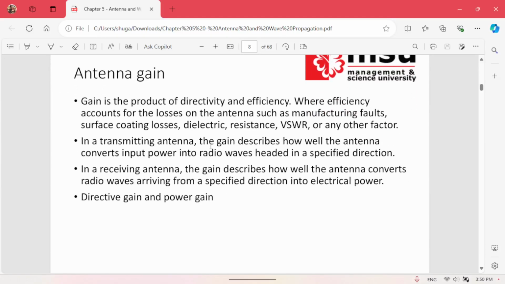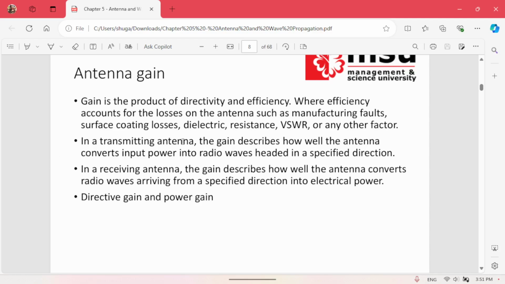For antenna gain, it is the product of directivity and efficiency, where the efficiency accounts for the losses on the antenna such as manufacturing faults, surface coating losses, dielectric resistance, VSWR from the previous chapter, or any other factor.